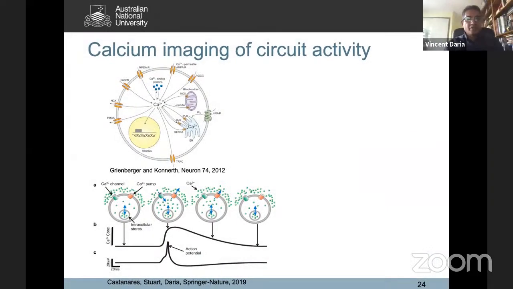So just to give you an overview of what's going on in the cell. Again, this is inside the cell, and this is outside the cell. The boundary between outside and inside the cell is what we call a membrane, and in the membrane there are ion channels. Depending on the activity of the cell, certain ions go into the cell, and it increases the concentration of ions here, particularly calcium.